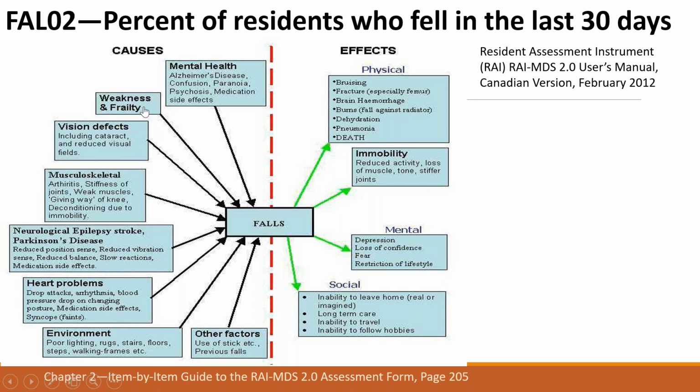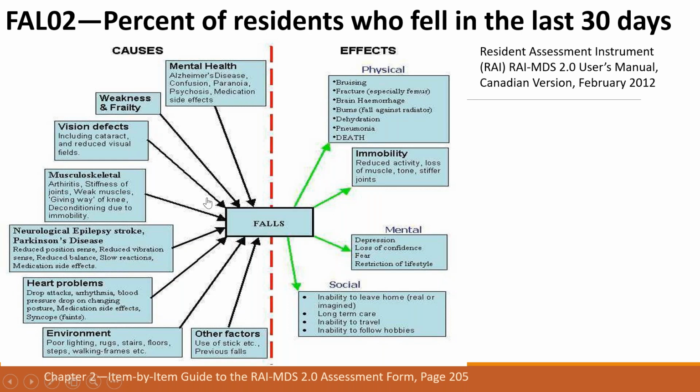Of course, physical weakness and frailty would put a person at higher risk. Vision defects, musculoskeletal problems such as arthritis, neural conditions, epilepsy, stroke, Parkinson's disease, all put a person at higher risk. People with heart problems, environmental issues within the setting that they're in, and of course other factors, use of a stick, etc., or if they have had previous falls.